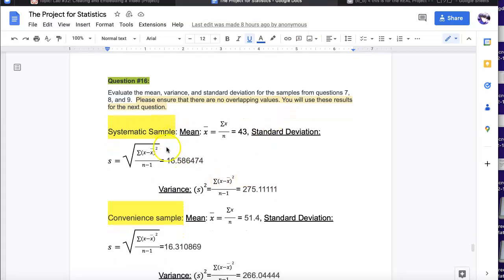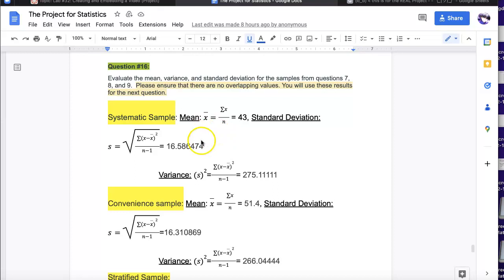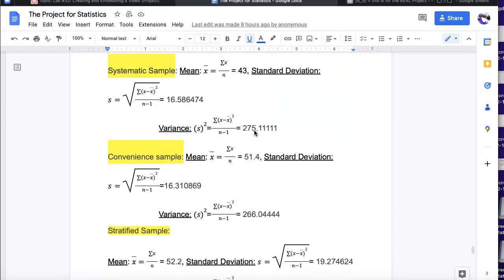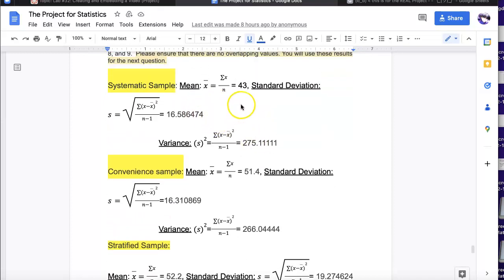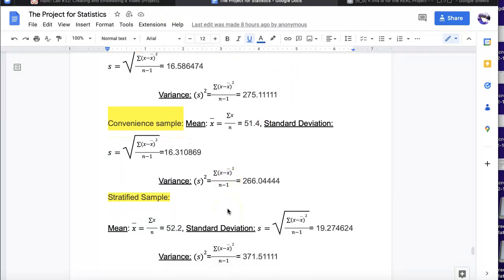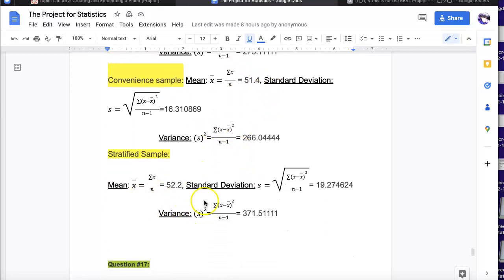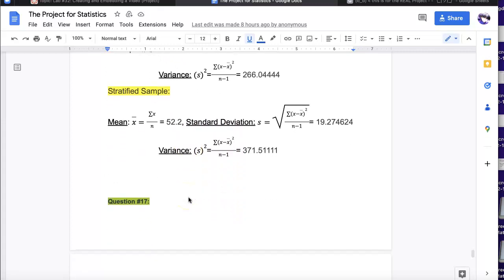The calculations were as follows, as well as the formulas for how you would do it by hand, but again, we put it into StatCrunch. For the systematic sample, the mean is 43, standard deviation 16.58, and variance 275.1. The convenience sample was as follows, and then the stratified sample was as follows.